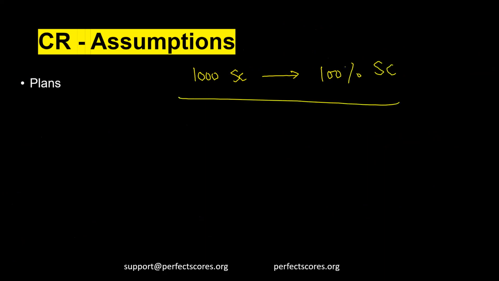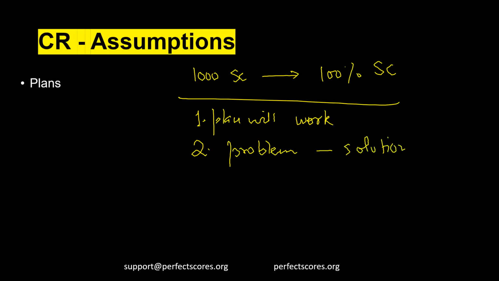Now, one basic big assumption in this plan, which is more of a common sense assumption, is that the plan will work. So any option that shows that there's a potential problem in this plan is going to weaken this argument. And the second is, even if a problem exists, there is a solution readily available to take care of that problem. So this is pretty basic, these two assumptions.